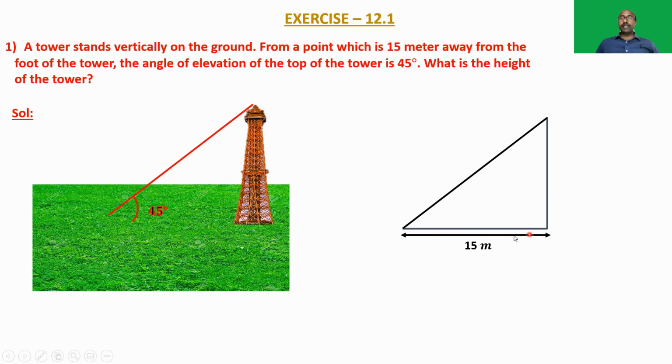That is, the distance between the observer and the foot of the tower is 15 meters and the angle of elevation is 45 degrees. And here A is the point of observation, BC is the height of the tower. We have here 90 degrees. Now, using this picture, we have to find the height of the tower.